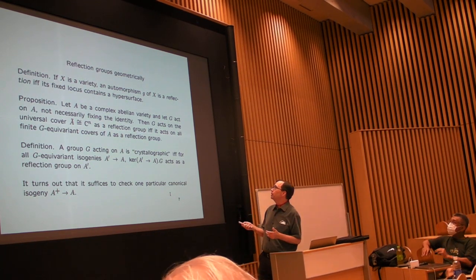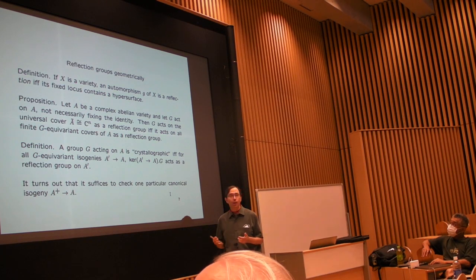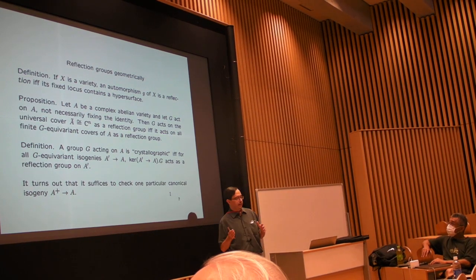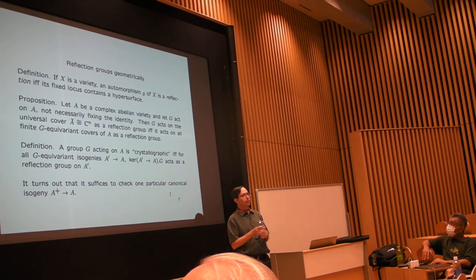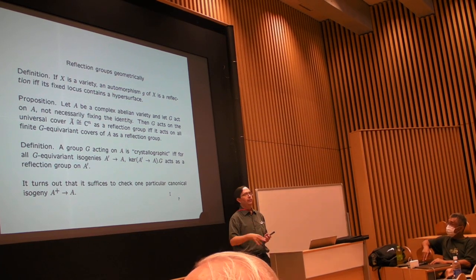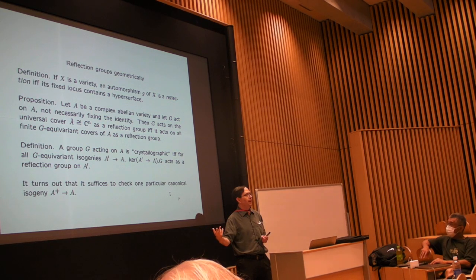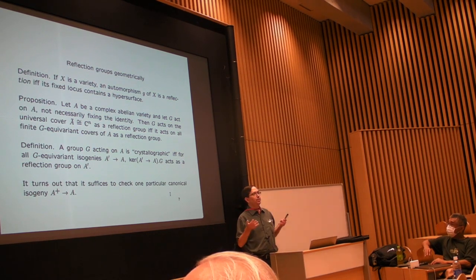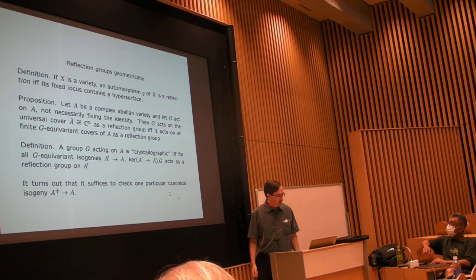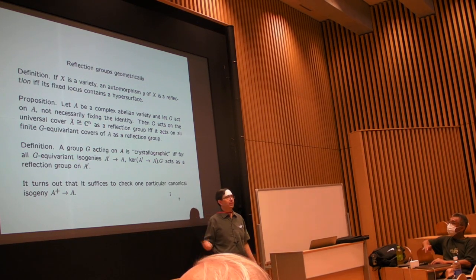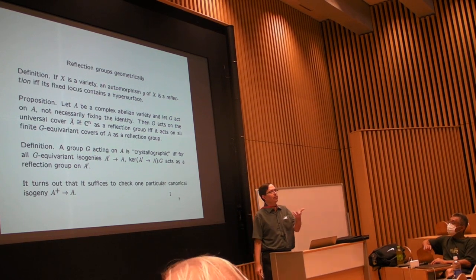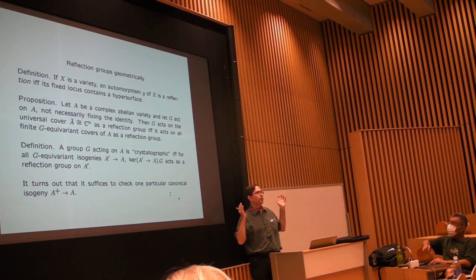And so there's a notion of a crystallographic action, which is basically that if you take any G-equivariant covering isogeny of abelian varieties A prime to A, then the kernel of that covering, extended by the group G that acts on A prime, should be generated by reflections. Okay, so this is now an infinite number of conditions, but it turns out there's one cover that suffices to check, and if it works there, it works everywhere.